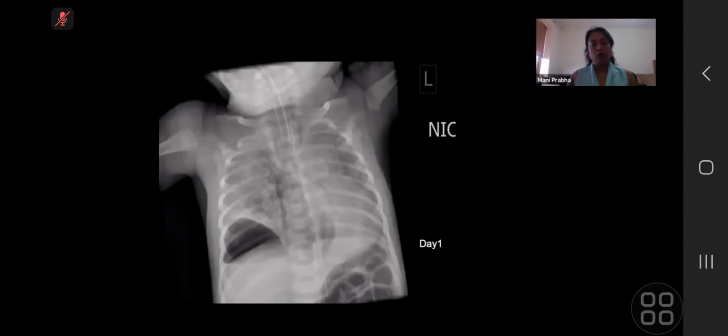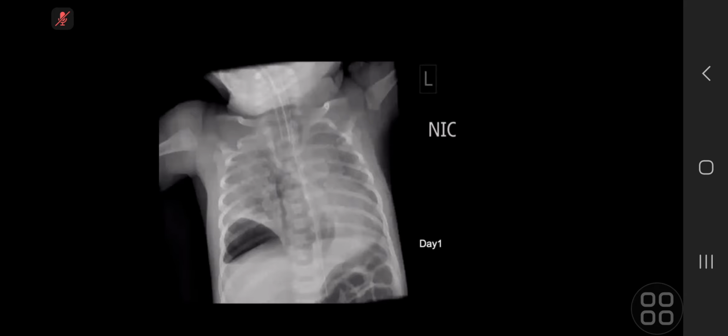So you would like to describe this also? Yeah. So, frontal radiograph of a child. The ET tube is in satisfactory position, as is the nasogastric tube.